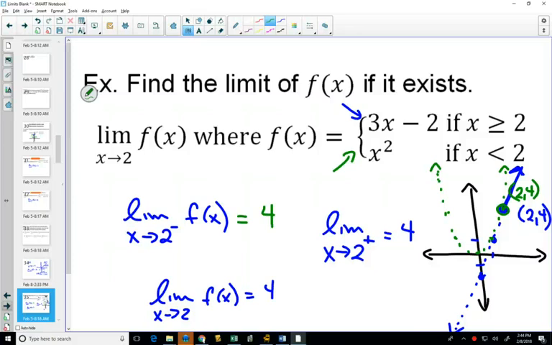And the part that I'm going to include is everywhere where x is less than 2. So I'm going to fill in this section and not that part. The two graphs click together perfectly. The solid point from the blue graph fills in the open point from the green graph, and it makes one continuous graph all the way through. And we have that the limit exists as x approaches 2.